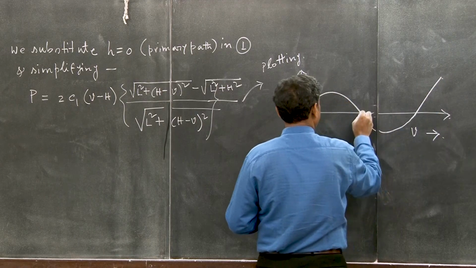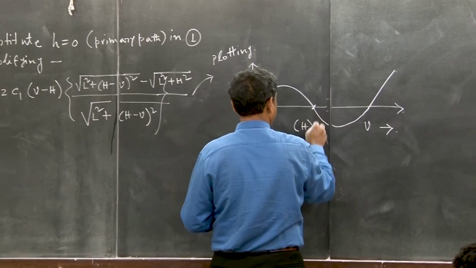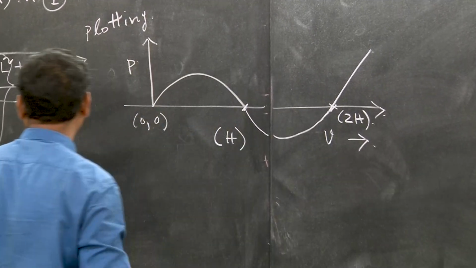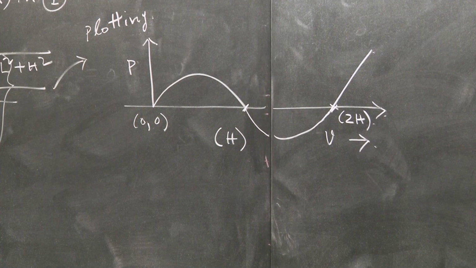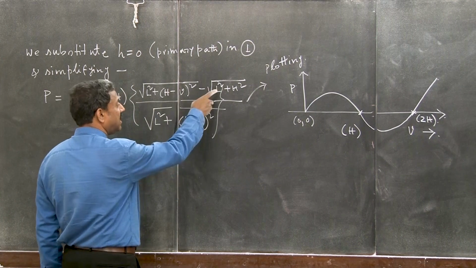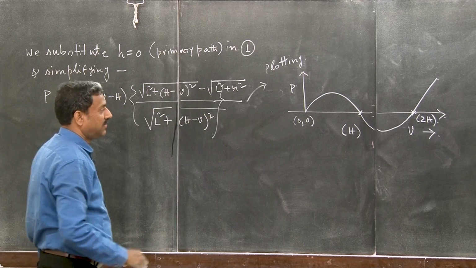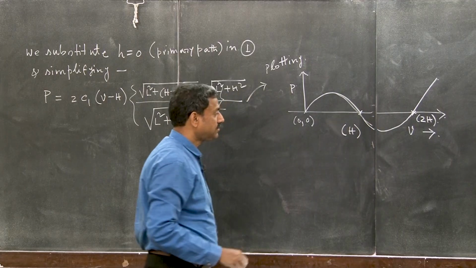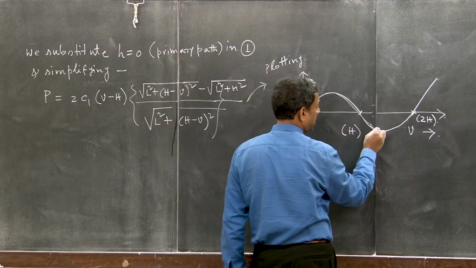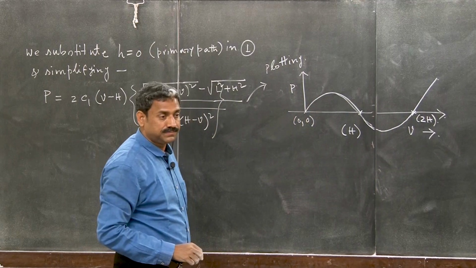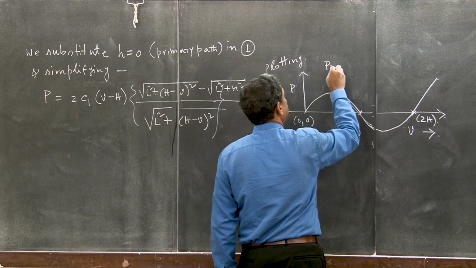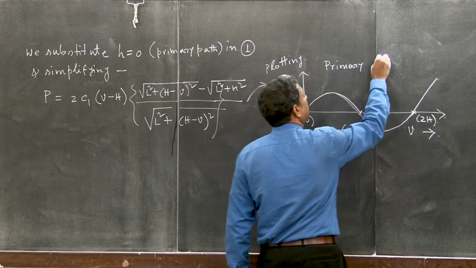This point is nothing but H, and this one is nothing but 2H. So, in 3 places it will be 0. Please check whether it is correct. If V is equal to H, then this will cancel out. So, you see that we get something like this. This is the primary equilibrium path. I am just writing primary path.